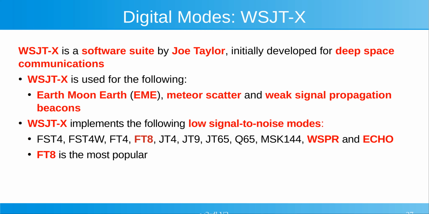There's MSK144 as part of that, and that's used typically for meteor scatter on 2 meters. WSPR, Whisper, is one of the modes that's in there. Echo is one for doing what we call moon bounce, where you actually direct your signal to the moon and reflect off of it to a spot which could be halfway around, wherever. If both stations can see the moon, you can bounce the signal between the two.